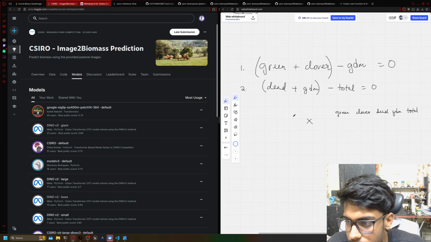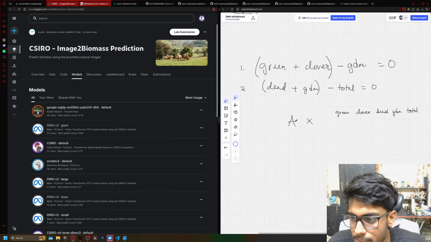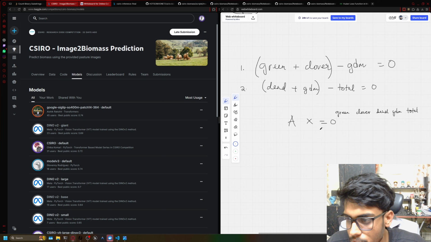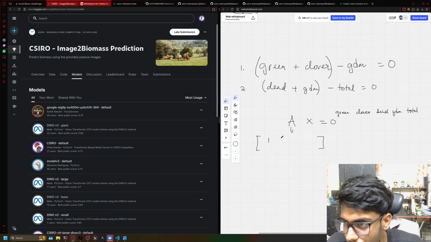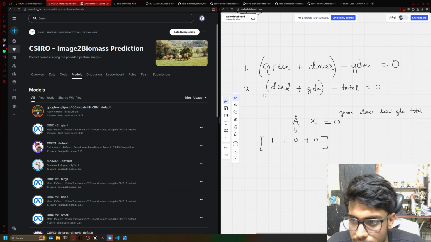Let's say my constraint matrix is A. The matrix multiplication of A with X should give me 0. With respect to the first constraint, A will be 1, 1, 0 for dead, minus 1 for GDM, and 0 for total. If I multiply this with X, it results in this equation.